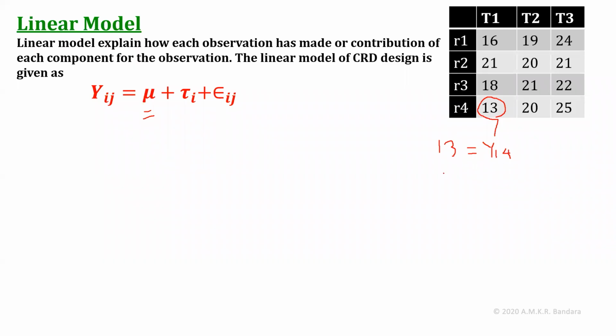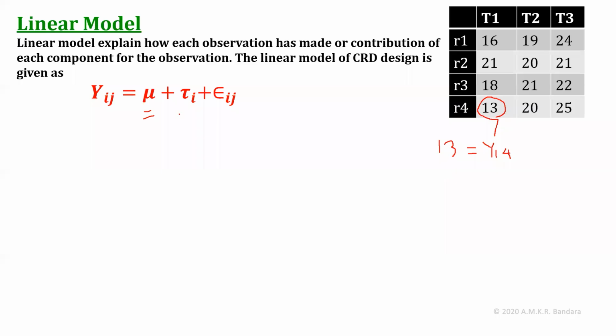So this observed value 13 has made up of some component from the goat population. This cannot be 300 something because it is a goat. There is a possible weight for goat, and it is decided by this population mean. And then there is a contribution from this treatment T1.